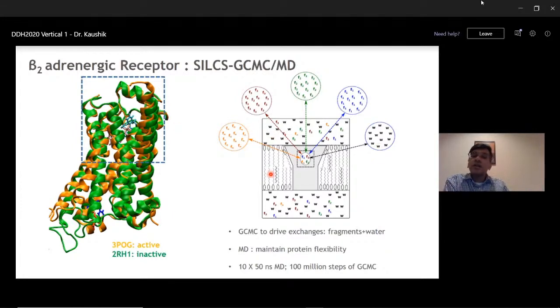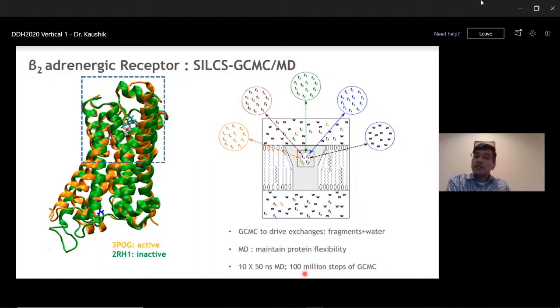But I do want to reiterate that reaching into the GPCR pocket is challenging by itself, but enabled by this approach, the grand canonical Monte Carlo coupled with molecular dynamics, we could quickly drive an efficient sampling of these different probe molecules into reaching that site of interest and out fairly quickly. Well, we still had to do 50 times 10, so a cumulative 500 nanoseconds of molecular dynamics to account for the conformational heterogeneity.